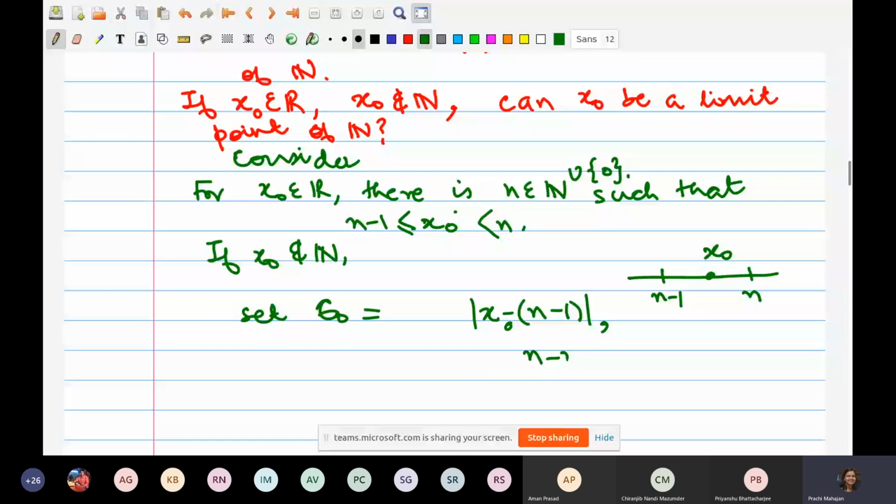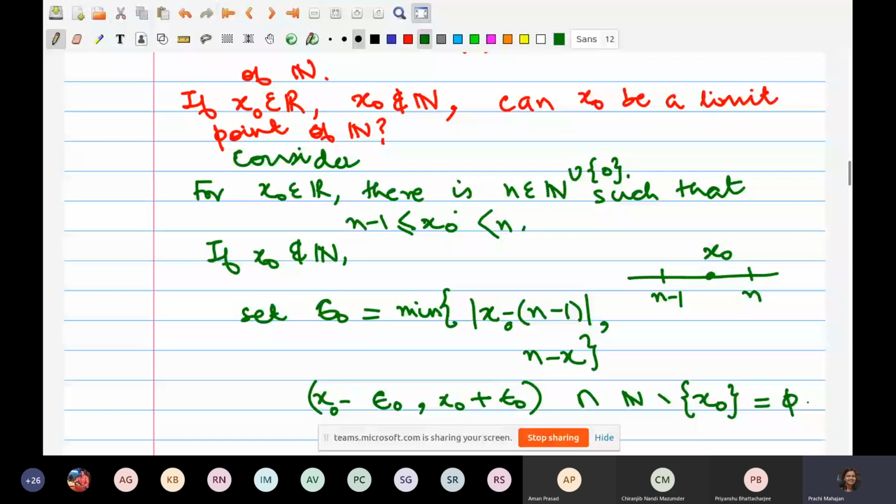One of them is bound to be positive. I set that to be epsilon naught. Then I look at this neighborhood around x naught, from x naught minus epsilon naught to x naught plus epsilon naught. If I intersect this neighborhood with the set of natural numbers, then this better contain something.